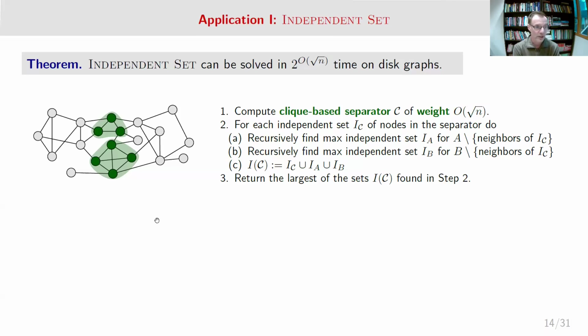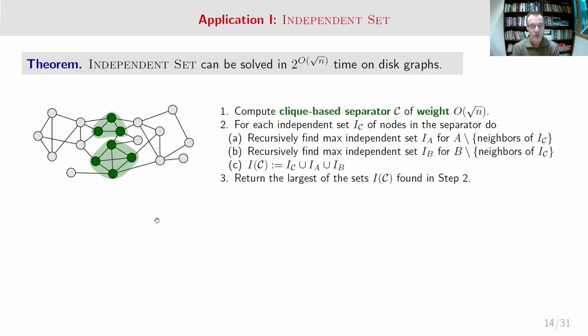Once I guessed my independent set, I recurse on the two halves. The nice thing is that it used to be that the separator had size square root of n. That was the number of nodes, and therefore you can pick an independent set in that separator in only 2 to the square root of n number of ways.